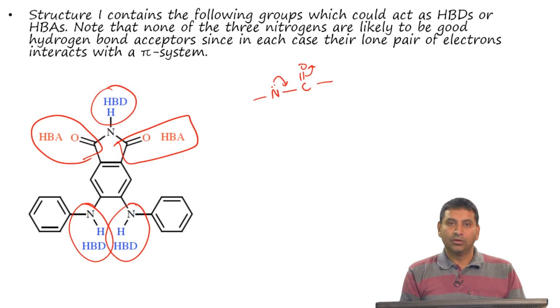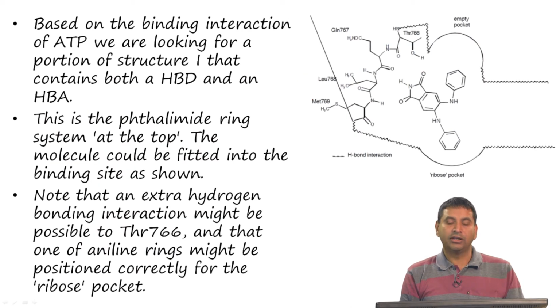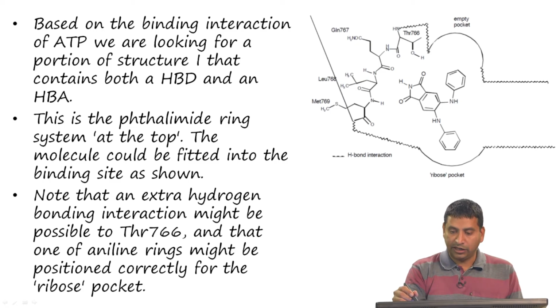Okay. So, with this in mind, now let us look at how to solve this problem. So, based on the binding interaction of ATP, we are looking for a portion of the structure that contains both a hydrogen bond donor and a hydrogen bond acceptor. Okay. So, there is only one choice here, that is the phthalimide ring, which is at the top. So, the molecule can be fitted into the binding site as shown here.